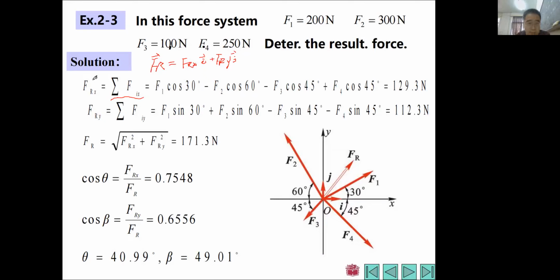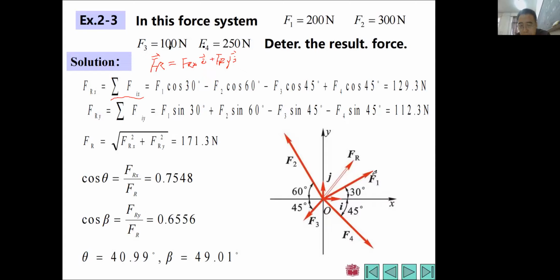So let's do it together. First step, we should find Frx. We know it equals the sum of each Fix. That means we should do the projection of F1, F2, F3, and F4, right? Please pay attention to this figure. We have F1, and we have this intersect angle of 30 degrees. So we do the projection.